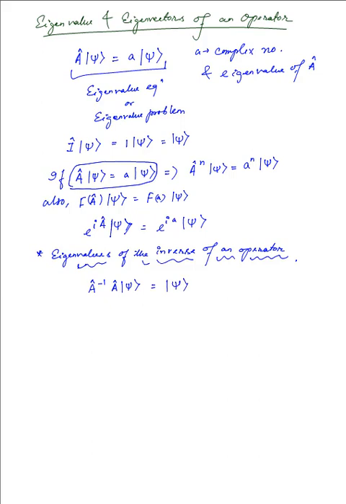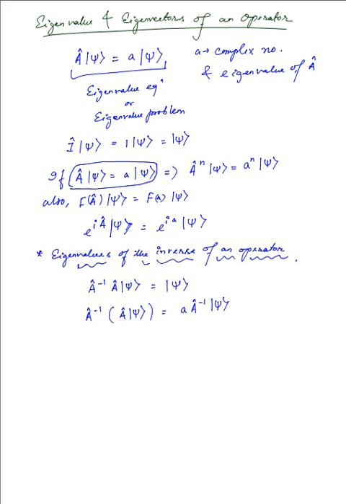On the other hand, if we are considering the inverse of A and we first operate A on psi, that is going to give us a times the inverse operating on psi once again.